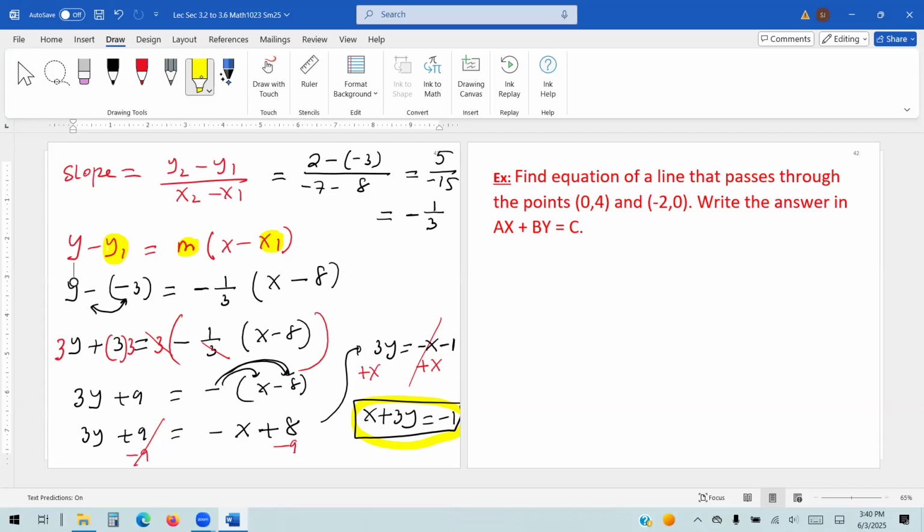X can never go. So you want x positive. Negative. Everything.